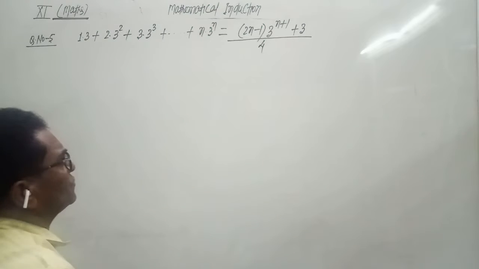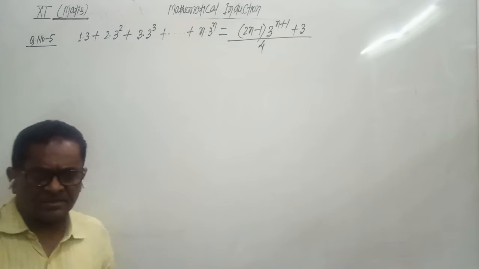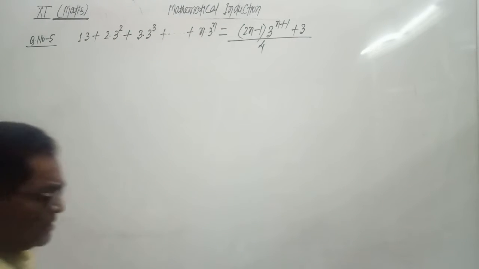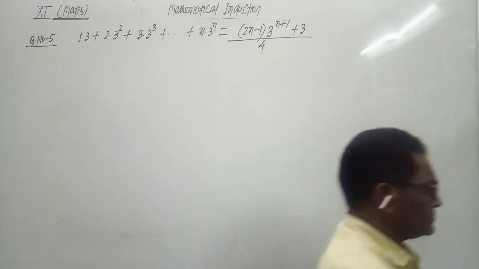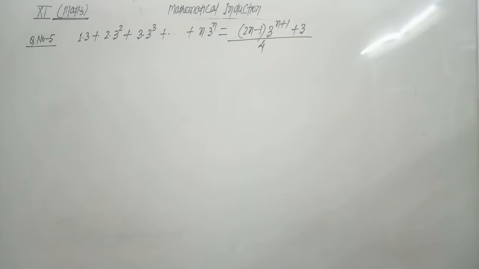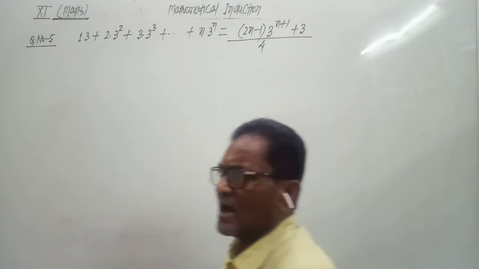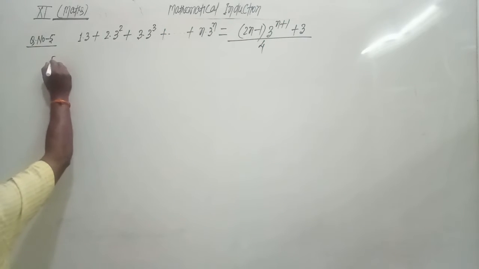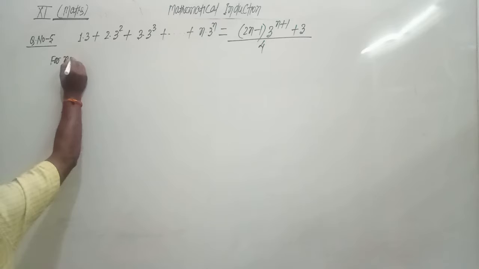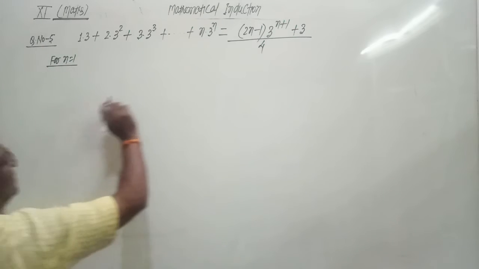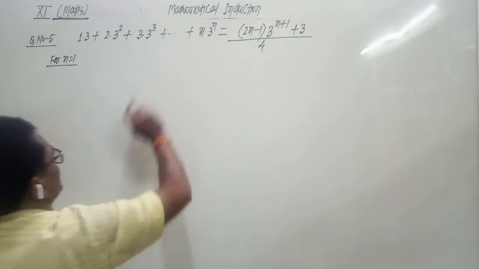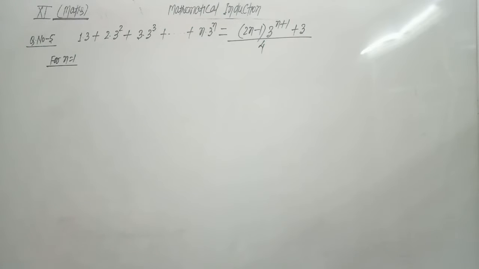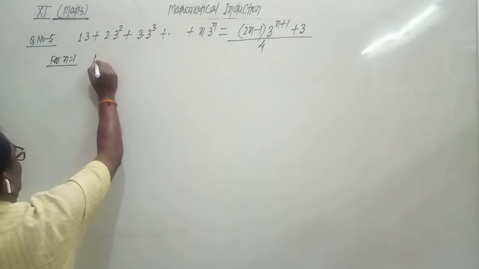So we have to prove this by the method of induction. So the first step, we will prove LHS equals RHS by putting n equals to 1. For n equals to 1, put the value of n equals to 1 in the last term of the LHS.